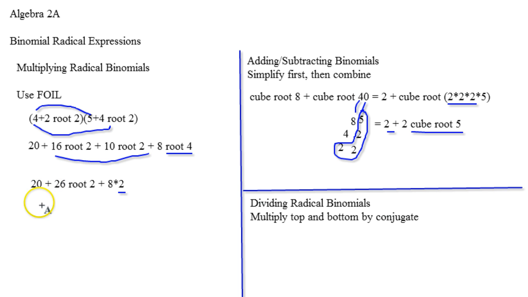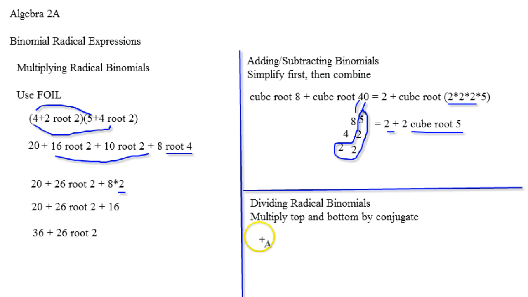So that one's pretty simple. A lot of people miss that, including myself. So this becomes 20 plus 26 root 2 plus 16. And then we get 36 plus 26 root 2. So that one's pretty simple.